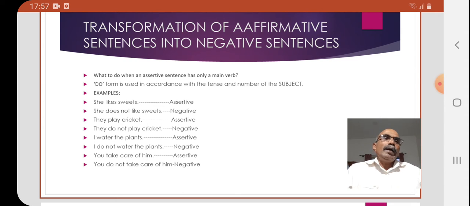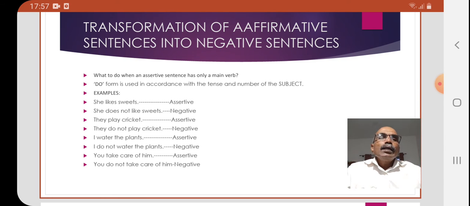She likes sweets. When it is changed into negative, it reads like she does not like sweets. You should not add es again to the main verb. The main verb loses s since we have shifted it to the do form.